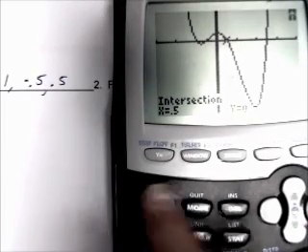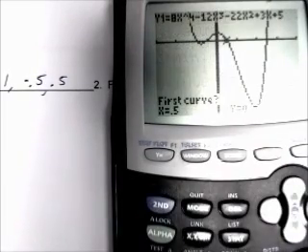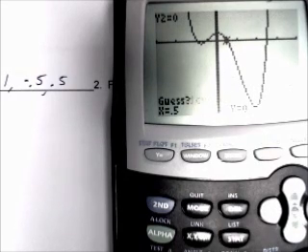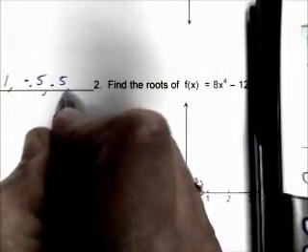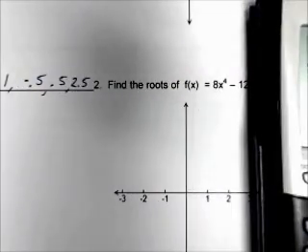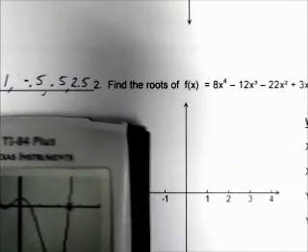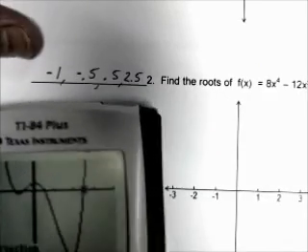And same process again. First curve enter, second curve enter. And let's move the right arrow. This looks like it might be 2.5. Yes, 2.5. So there are 4 real roots. Now I'm going to sketch this graph.